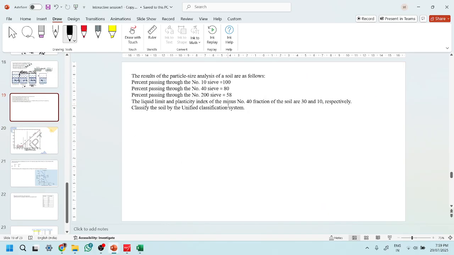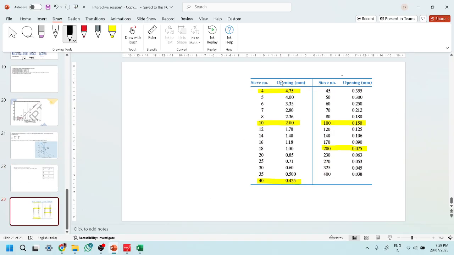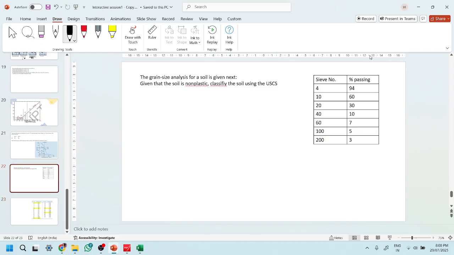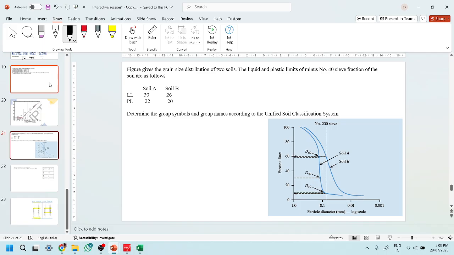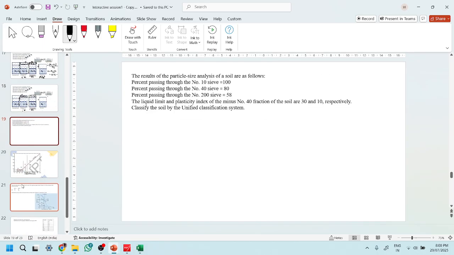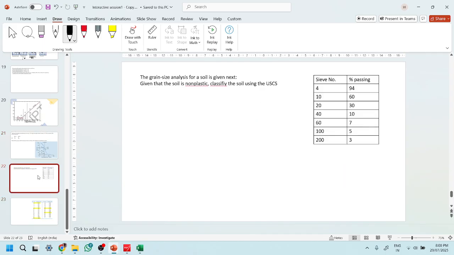So you have to know some of the sieve names, like sieve number 4. These are the sieve openings. Sieve number 4, what are the openings? Some of the sieves you should know. What is sieve number 100, 200, 4, 10, 40? So you can try this question. I think we can continue in the next lecture with these questions.